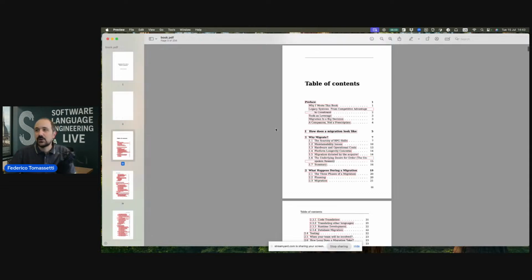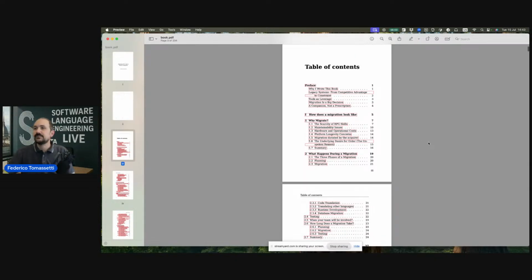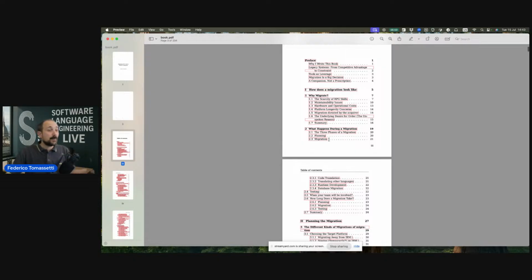In the table of contents, you can see the process going through LaTeX, which brings a lot of horrible memories. But let's forget about LaTeX for one moment. So: why we migrate, and what happens during a migration, because most people have never gone through a migration.